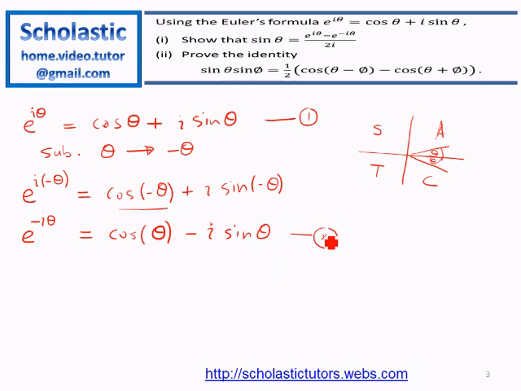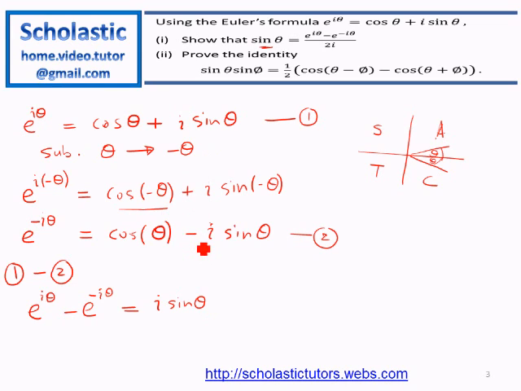So what we do next is we need to remove the cos term, because we need only the sine term here. To get rid of the cos term, here cos theta, here cos theta, we take equation 1 minus equation 2. So 1 minus 2 will give us e to the i theta minus e to the negative i theta on the left hand side, and on the right the cos theta terms get cancelled off.